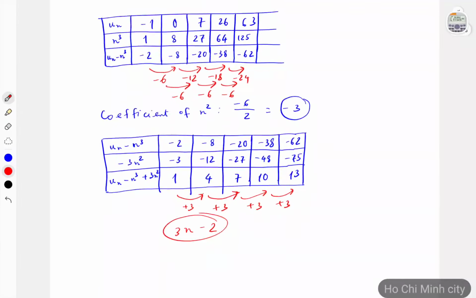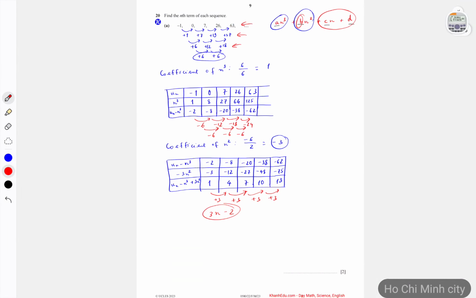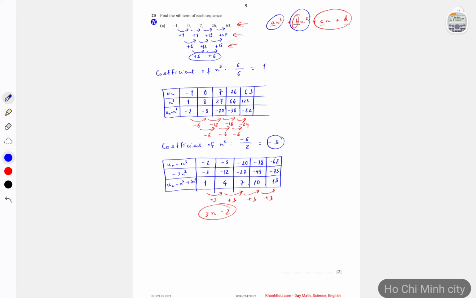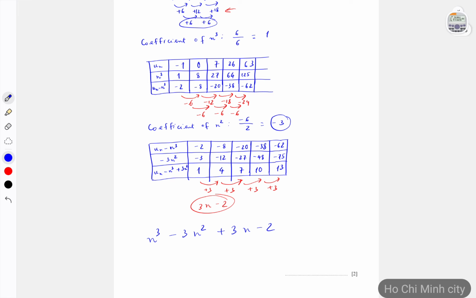Now it's time to plug these values into the original form. For a is 1, we have n cubed. For b is negative 3, we have minus 3n squared, plus 3n minus 2. That one is the answer.